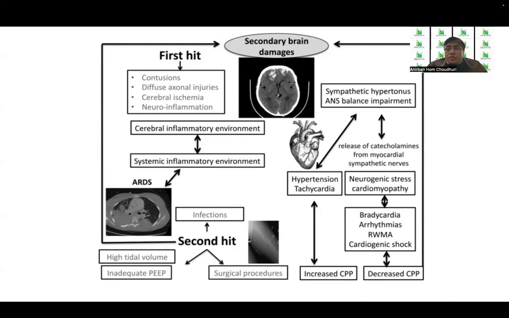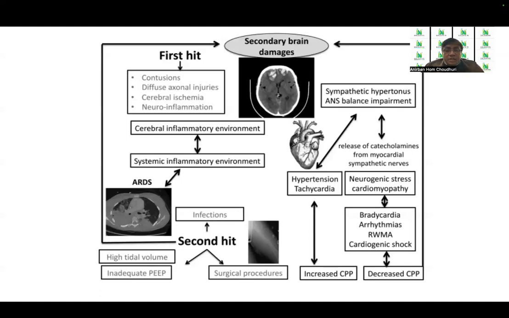As a result of crosstalk between the brain and other organs, there are changes in the lungs, heart, etc. This produces a high risk of infections, bradyarrhythmias, cardiogenic shock, etc., all of which can influence the cerebral perfusion pressure by either decreasing or increasing it, and can produce secondary brain changes, and thereby all the changes which had abated after the first hit can actually reappear.